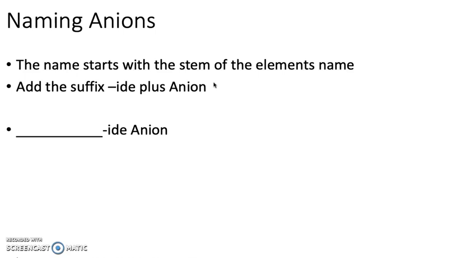Okay, now, naming anions. The name starts with the stem of the element's name, and you must add the -ide plus anion. So essentially the name is going to be a little different than the cations. Each element that gains electrons is going to have a slight variation, but they will all have one thing in common: ide anion.